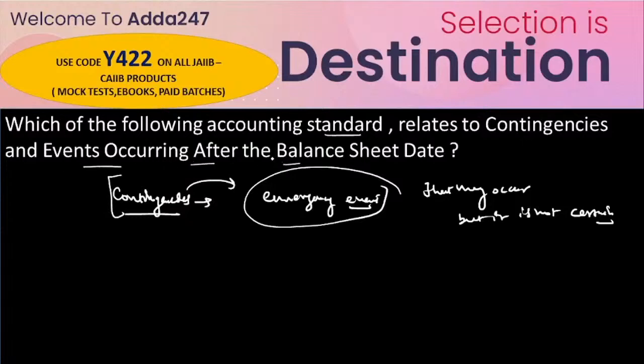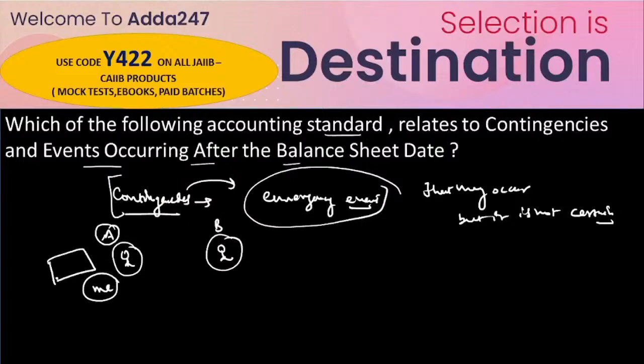Let's understand with an example. Suppose this is B and this is A, and this is me, my company.